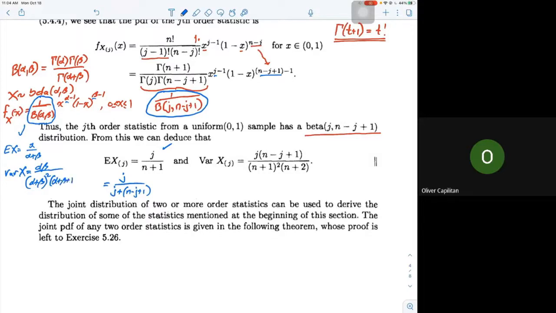Okay, that is what you will use. This part is your alpha, and this part is your beta. So we have the variance of our order statistic X sub quantity j. Okay, so this is an example illustrating our theorem 5.4.4, in a case that we have only one order statistic.